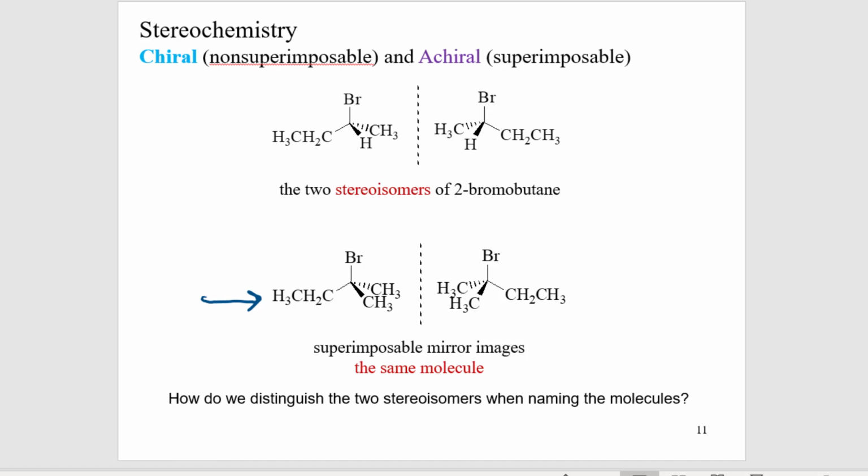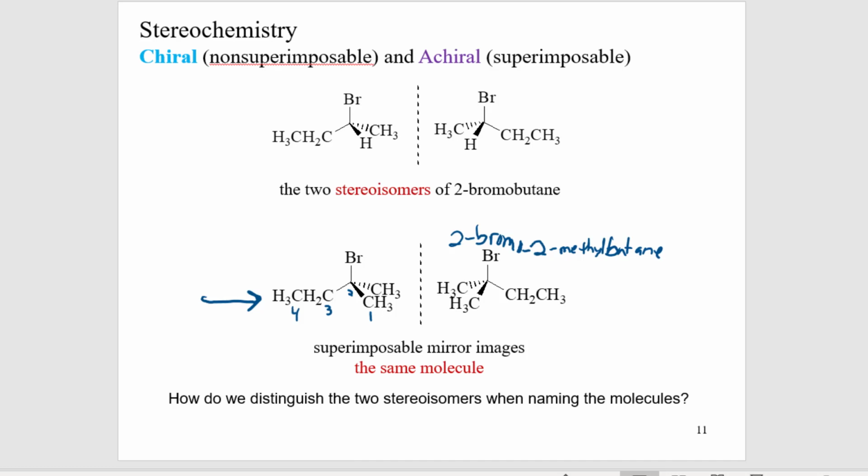And you can see that if you tried naming it, 1, 2, 3, 4, you would have 2-methyl, 2-bromo, butane. Actually, 2-bromo should go before the methyl: 2-bromo, 2-methyl, butane.